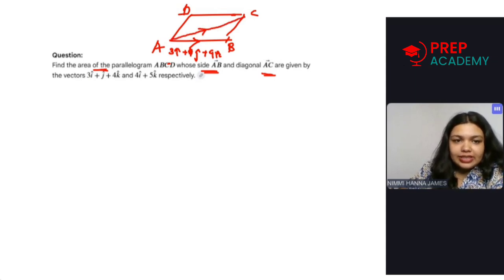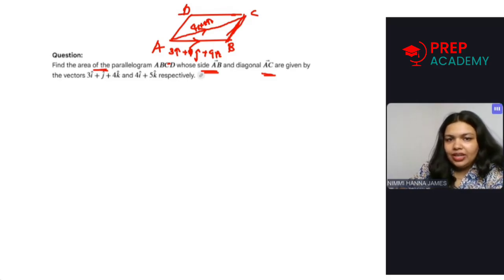AC is given as 4i plus 5k. So we want to find the BC vector or AD vector, anything. So yeah, we can find the AD vector. So if we have AD vector, then we will get two sides. Then you can use the area of parallelogram using sides formula.